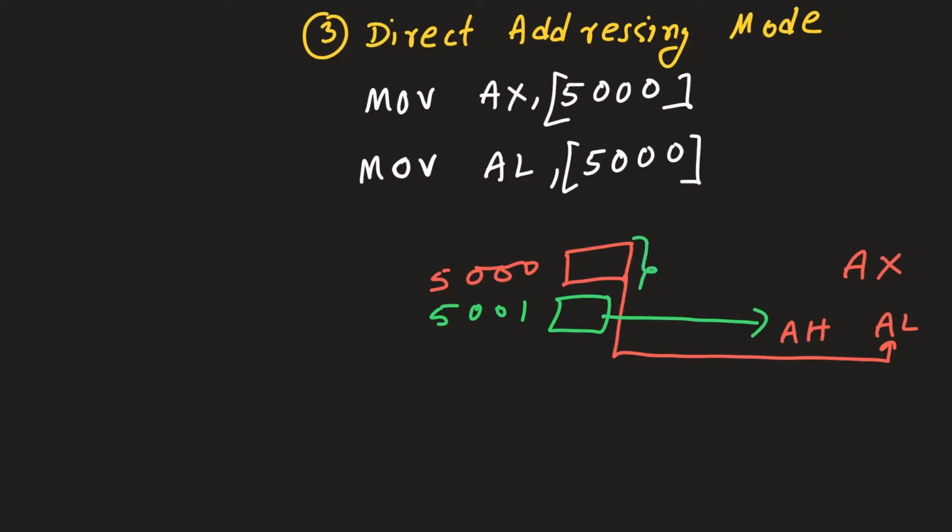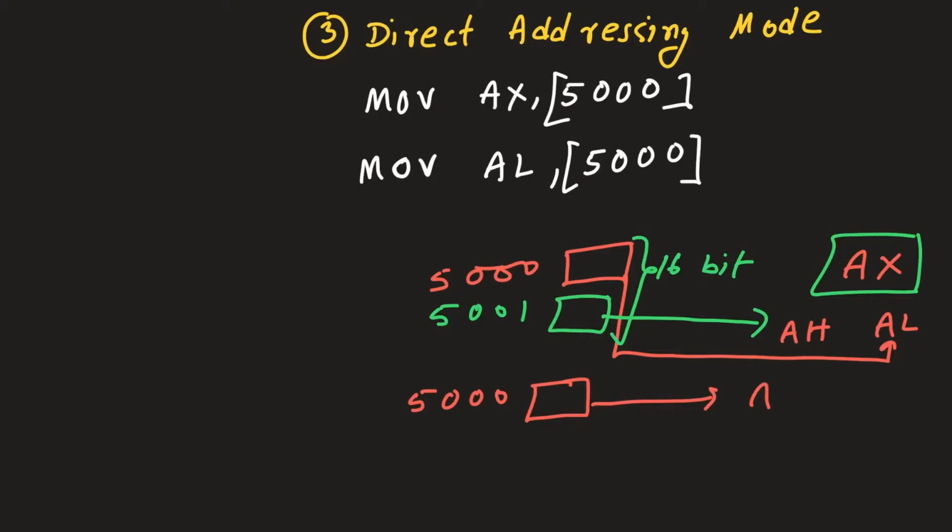So this 16-bit data will be transferred to this 16-bit register. In the second instruction, the content of memory location 5000 will be transferred to register AL. In both the cases, the address of the data is mentioned.